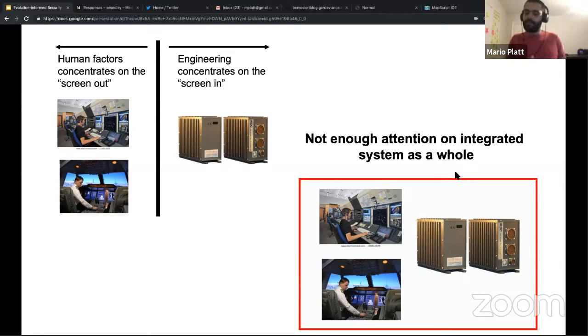And that's been a big part of the problem, why, as security engineers and even as IT engineering, we've been focusing too much on the tin, on what we do to make the tin work, and we're not really designing, understanding the screen out, right?